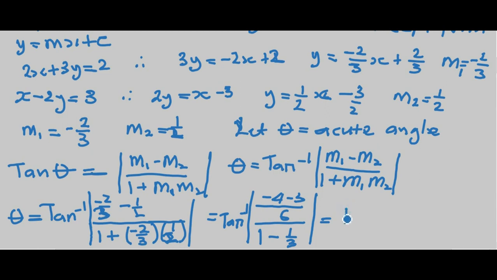This will give us the arctan of minus 7 over 6 all over 2 over 3.